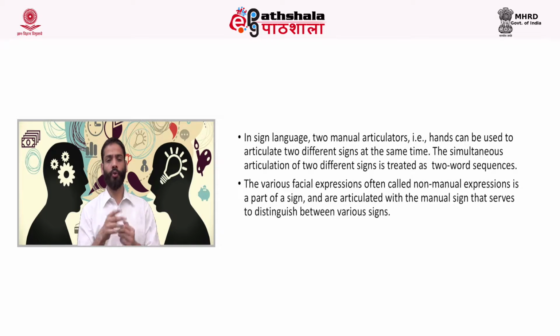In sign language, two manual articulators, that is, hands, can be used to articulate two different signs at the same time. This simultaneous articulation of two different signs is treated as two-word sequences. The various facial expressions, often called non-manual expressions, are a part of a sign and are articulated with the manual signs, serving to distinguish between various signs.